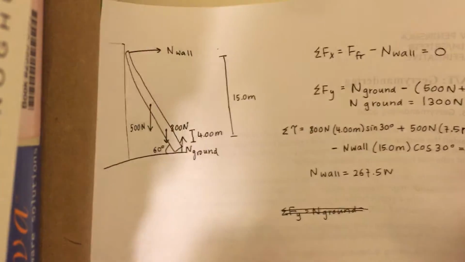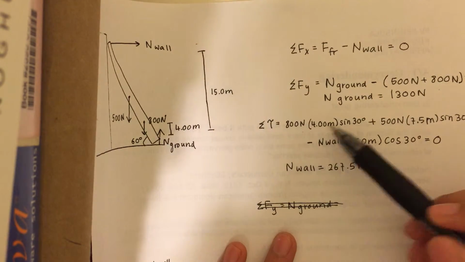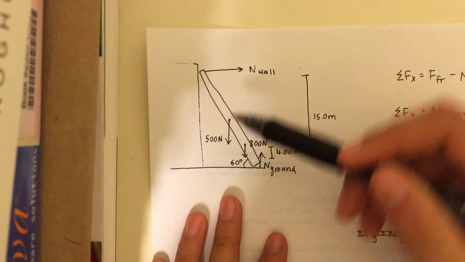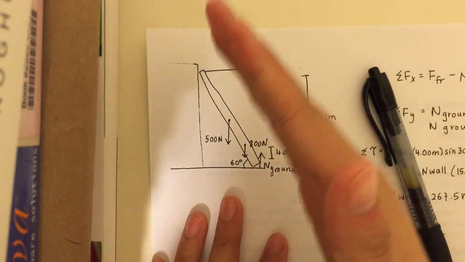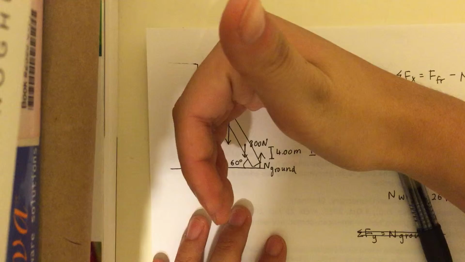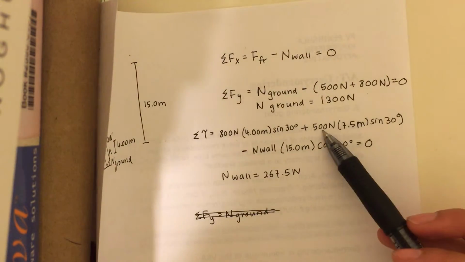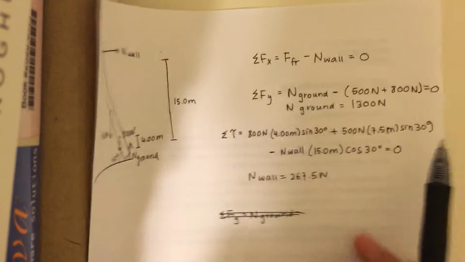Because torque is equal to radius times force, we would have the force times radius, 4 meters sine 30. With the torque given off by the ladder itself, we see the same thing. The radius moves this way, but the force is downwards, and it's counterclockwise, so torque would be positive. So 500 Newtons times 7.5 meters sine 30.